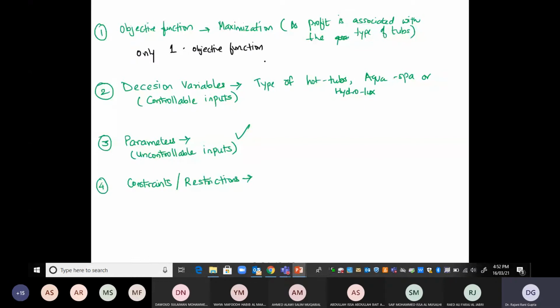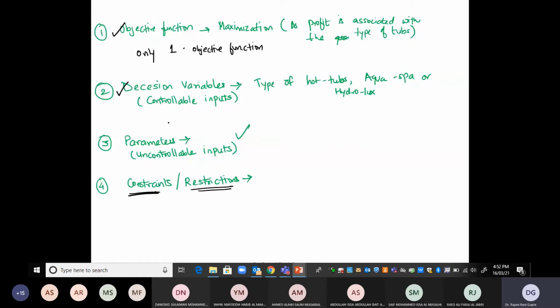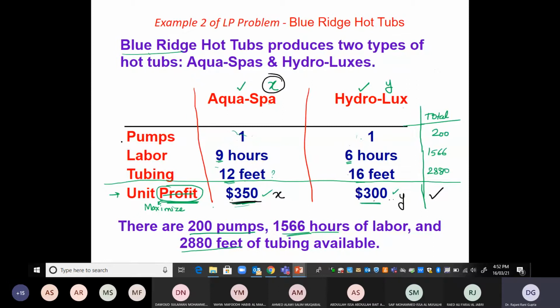So we have three things: pumps, labor, and tubing. Let's do it one by one. Let's start with pumps. What is given here? One Aquaspa model requires one pump. Now you are going to manufacture X Aquaspa, so it will be multiplied with X in the same way as with profit. Similarly, one Hydrolux tub requires one pump. How many are we planning to manufacture? Y. So it needs 1Y.